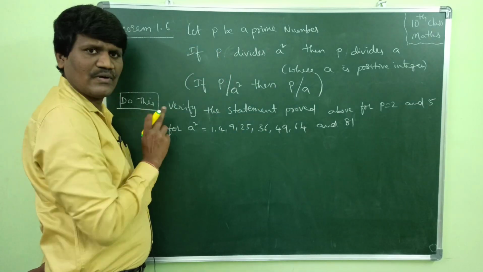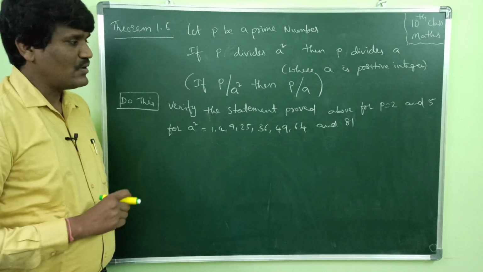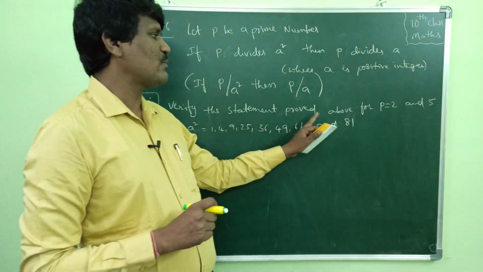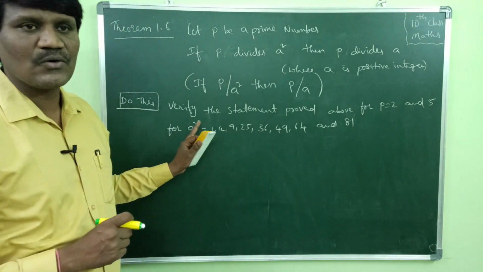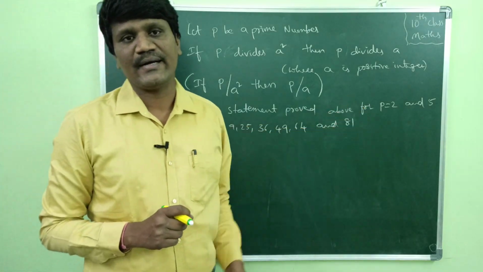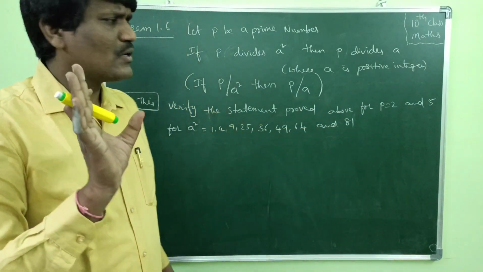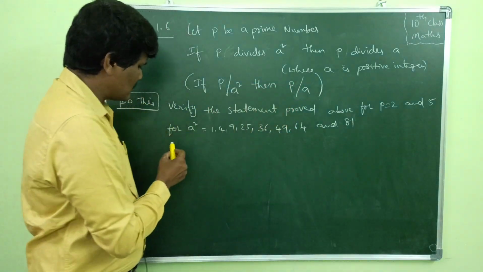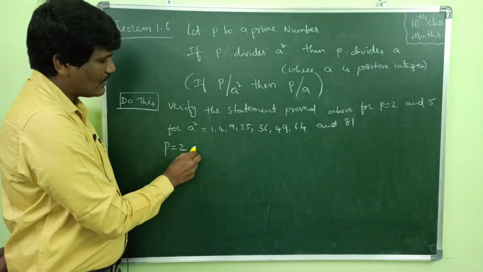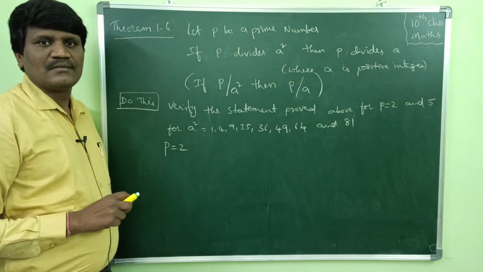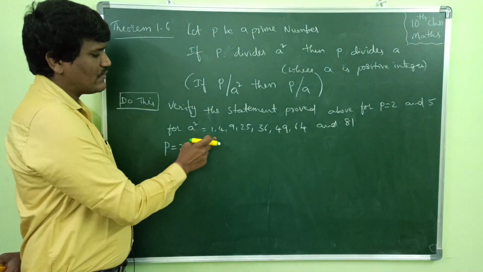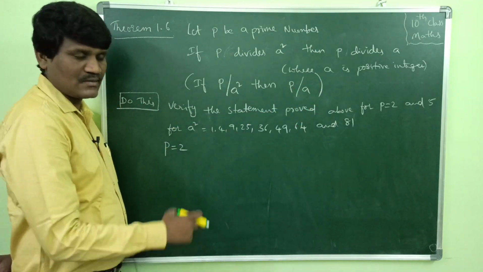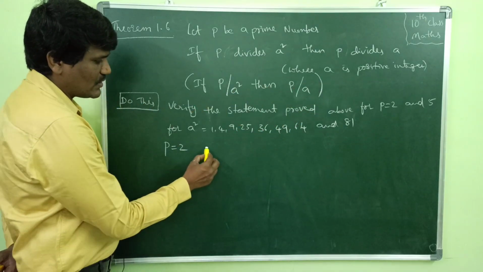Let us see one problem. Verify the statement proved above for p equal to 2 and 5, for a square equal to 4, 9, up to 81. Let us take p equal to 2; p should be a prime number, right? Now if p divides a square, which of these numbers does 2 divide? Does 2 divide 4?